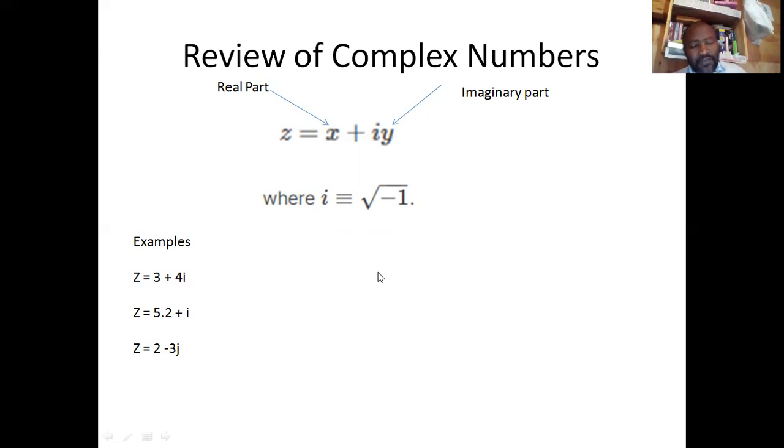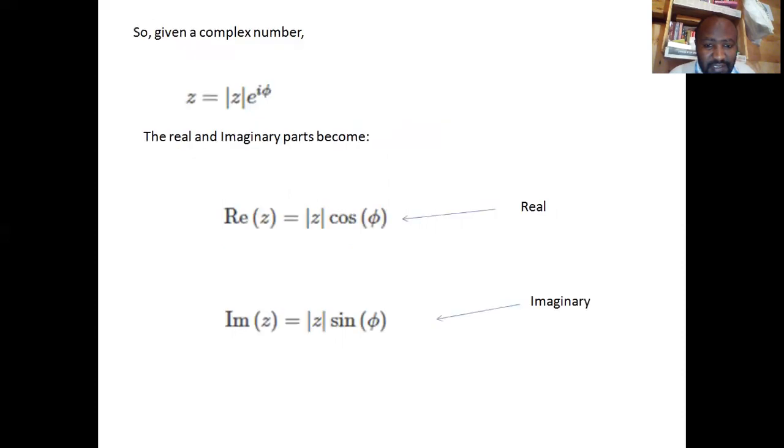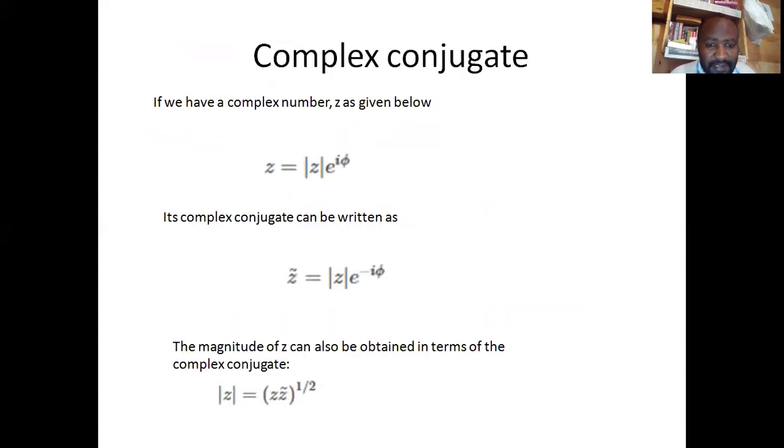So the imaginary part changes its sign if we are in the notation that is shown here. But in this other notation, what changes is the sign of the phase angle, as it is known.